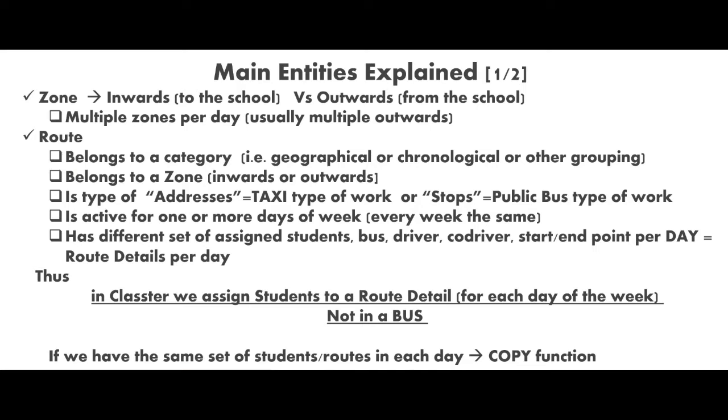The second thing is that a route belongs to a zone. So it belongs to the morning zone or the afternoon zone. So it is basically a route that is inwards to the school or outwards. It leaves the school, out from school back to home. Any route has a property that defines if this is an address type of route or a stops type of route.